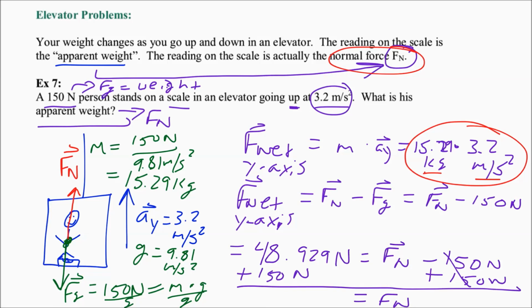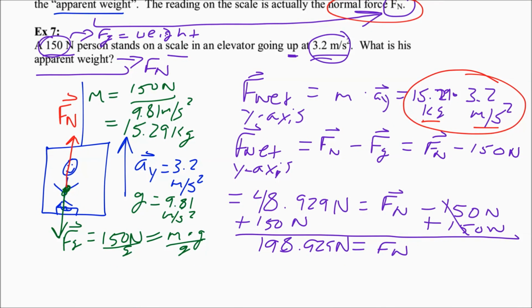Okay, so I'm getting, let's see, sig figs. This one has 2 sig figs. That's got 2 sig figs. Alright, so 2 sig figs it is. I'm getting in my calculator 198.929 newtons. Now, we want to do the right sig figs.